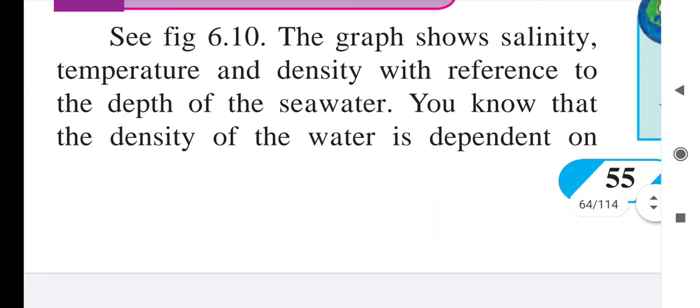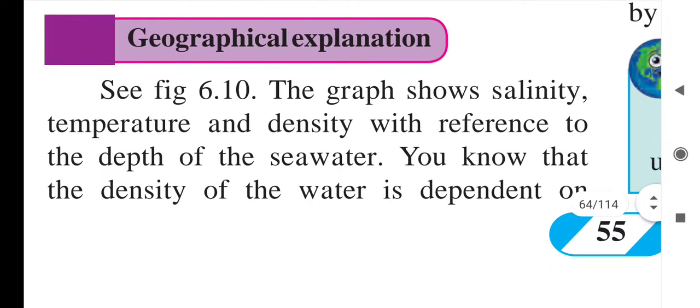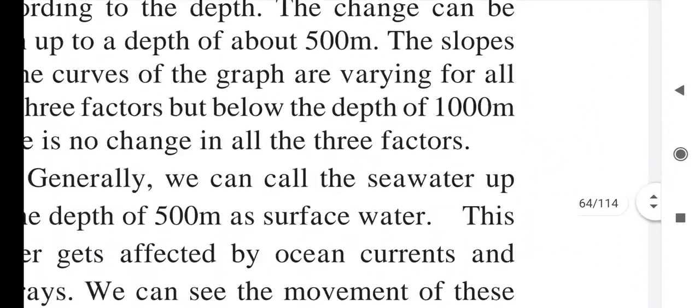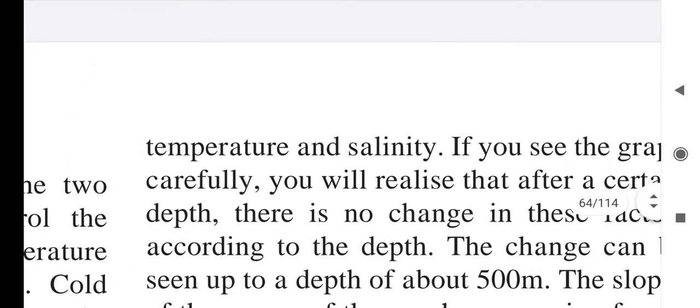Now the geographical explanation. See figure 6.10. The graph shows salinity, temperature and density with reference to the depth of the seawater. We have seen the temperature, density and the salinity of the seawater. You know that the density of the water is dependent on temperature and salinity.